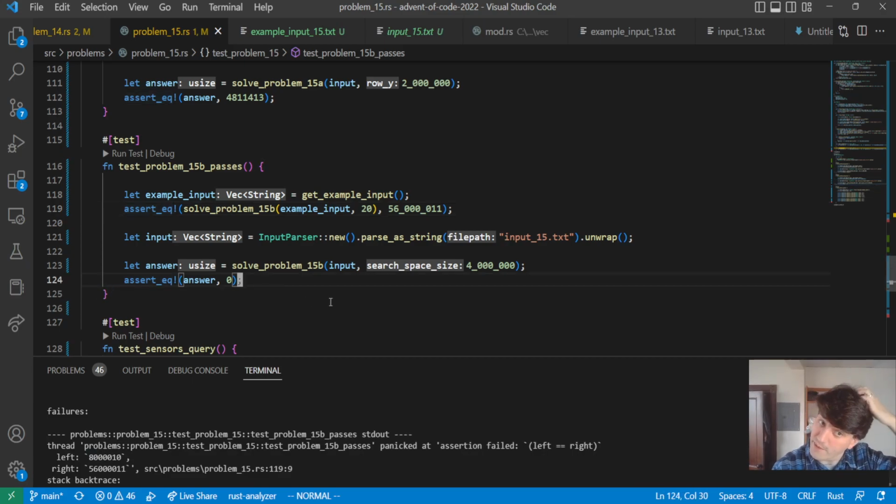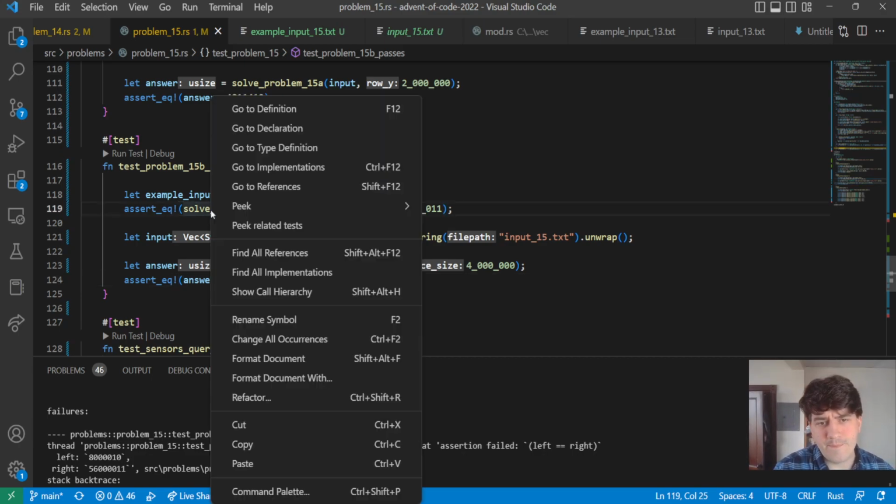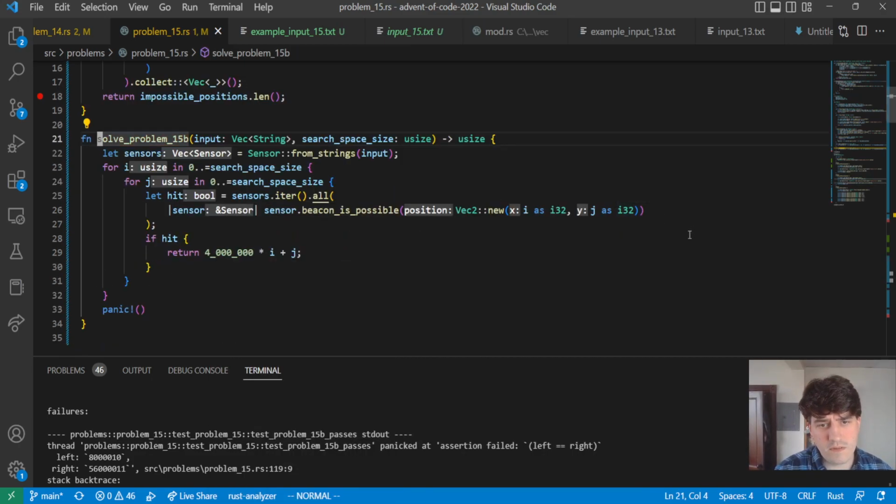And it's taking a moment to run, potentially, which is slightly concerning. So let's see what's going on. Search space, search space. Is it 2 or is it 20,10? It's 2.